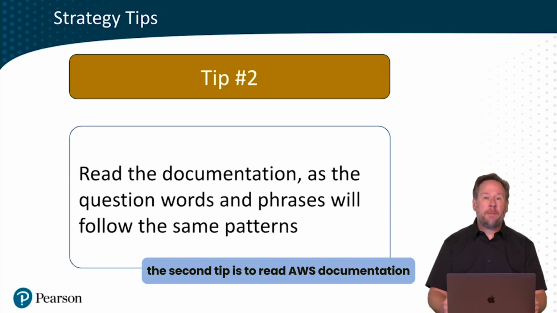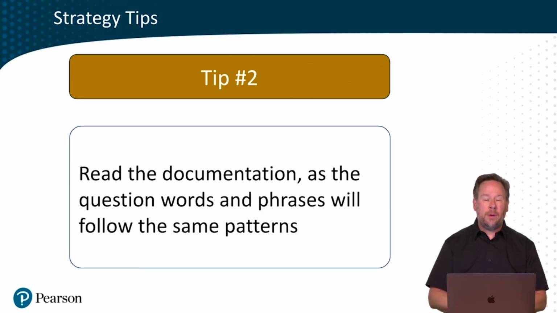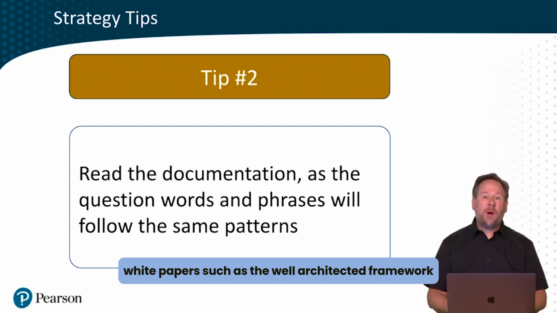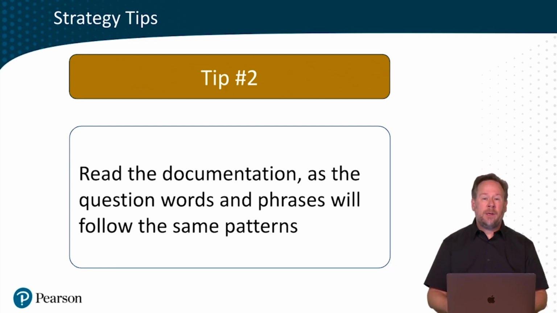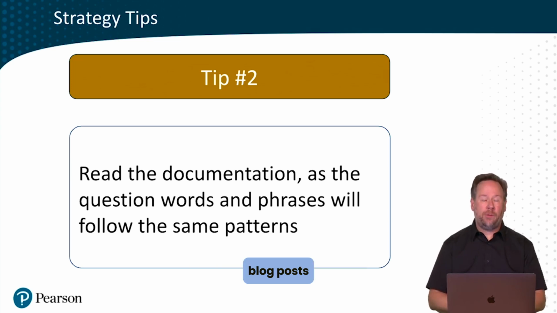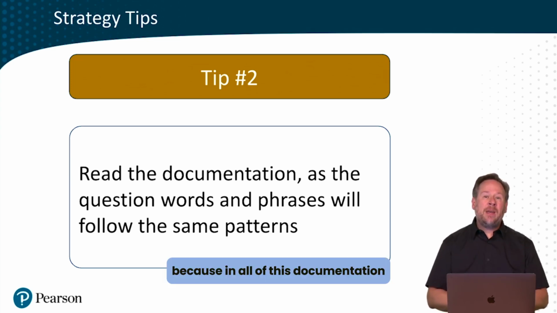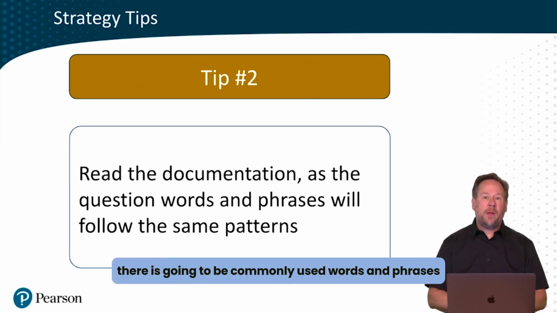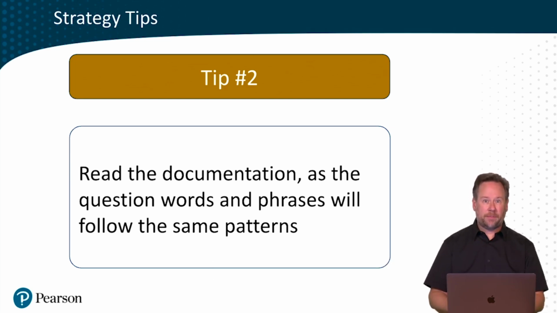The second tip is to read AWS documentation. White papers, such as the Well-Architected Framework, technical guides, user guides, blog posts. Because in all of this documentation, there are going to be commonly used words and phrases and technical terms.